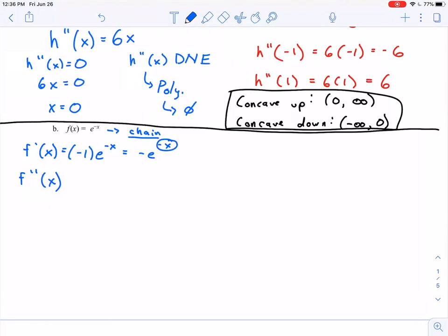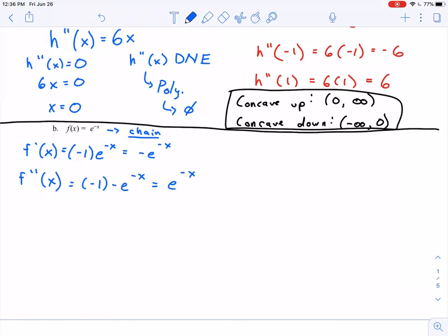The derivative of negative x is going to be negative 1 once again, times negative e to the negative x power. That part stays the same. And then look at this, a negative times a negative, I'm going to end up with a positive e to the negative x power. So here is my second derivative. And if you'll notice, the second derivative is actually the same as our original function. I think that's kind of fun, kind of neat.